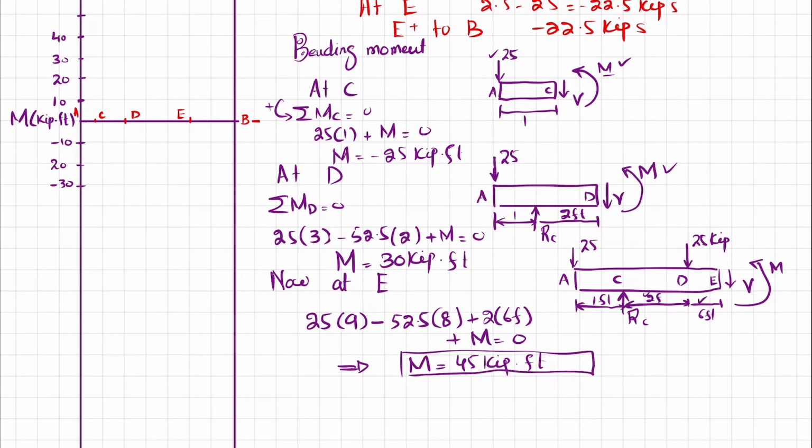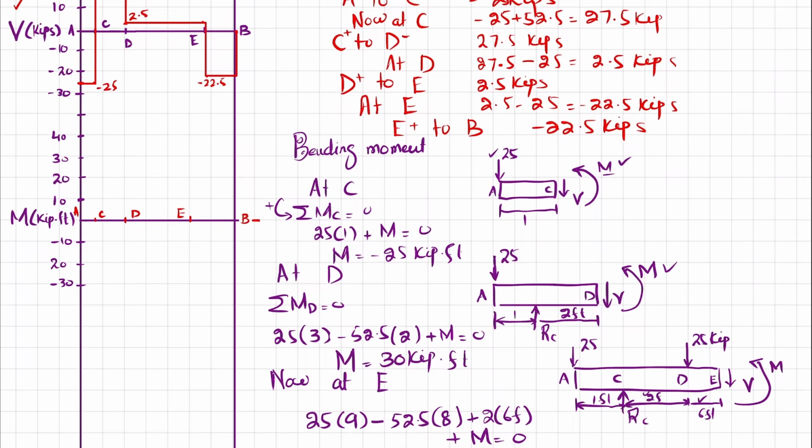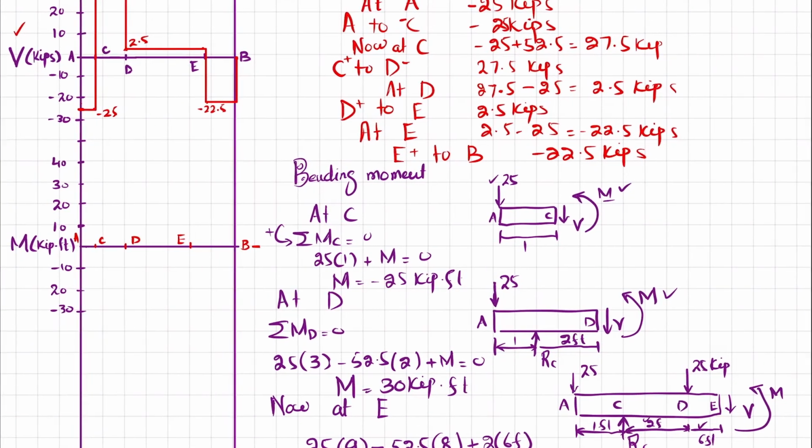Now you can draw them on the bending moment diagram. At point A we have moment equal to 0 because x is equal to 0, the start of the beam. At point C we have a moment of minus 25 kips, so minus 25 will be somewhere here, and you can join them.